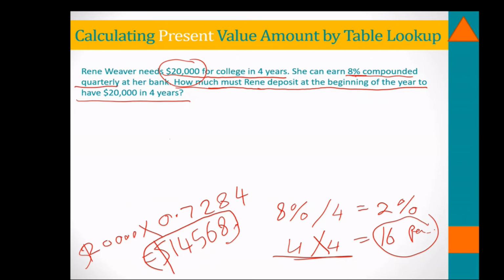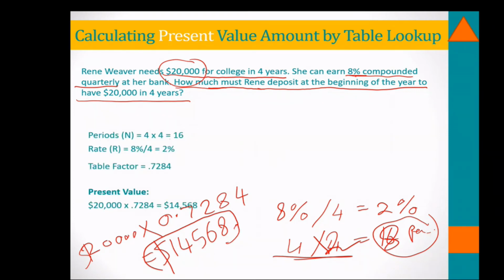If it is semi-annually, 4 years, so 4 times 2, it is 8 periods. Clear, thanks. If it's compounded annually, 4 years annually, it means 4 periods, once a year. That's clear. This is the answer.